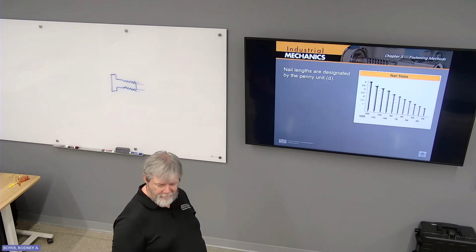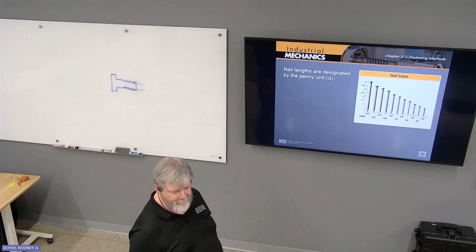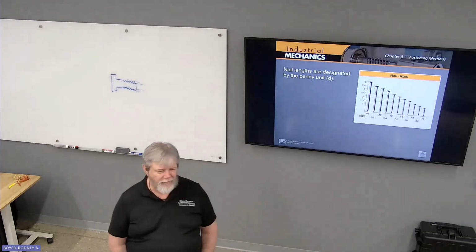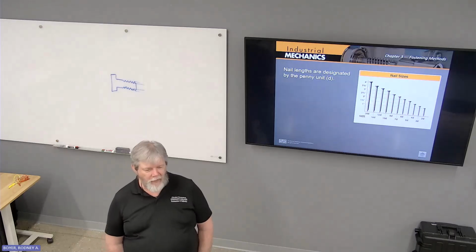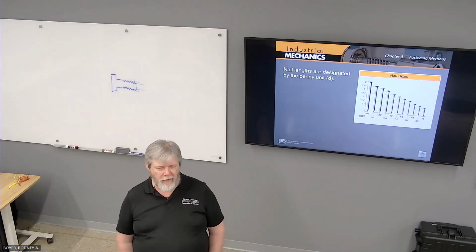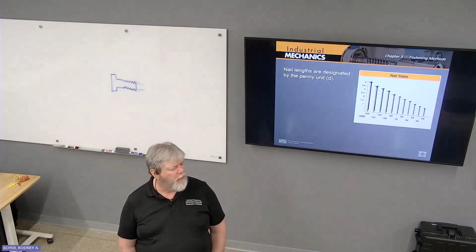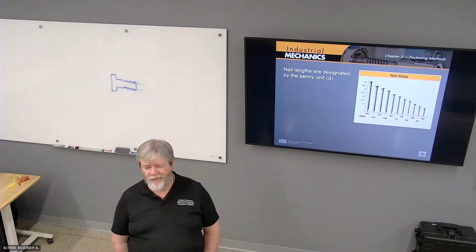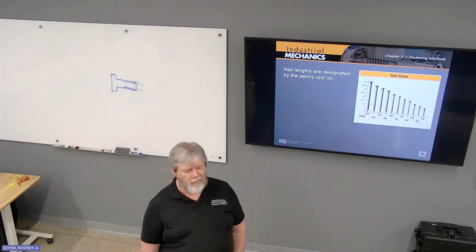The size of the penny is the size of the nail, you know, like the diameters, the cross measurement. Was how many tens or how many hundreds or whatever it was that you could buy for a penny? I think, if I remember right.